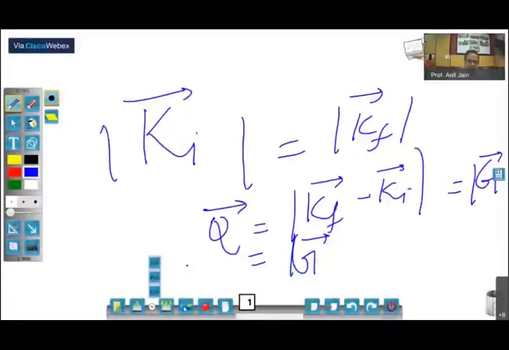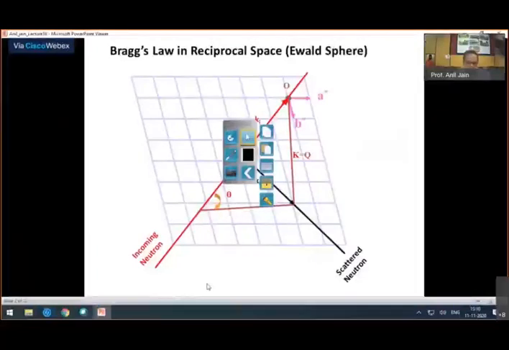Now suppose you have some unknown material and you have a single crystal of that material, and you are interested in determining its crystal structure. As I told you, this reciprocal lattice is 3-dimensional. So when you do the experiment, let's say with a reactor based source, you have some incident monochromatic beam of neutrons.